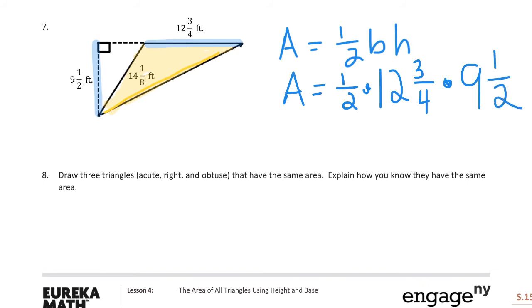Grab your calculator, plug that in, and you get 60 9/16 feet squared.